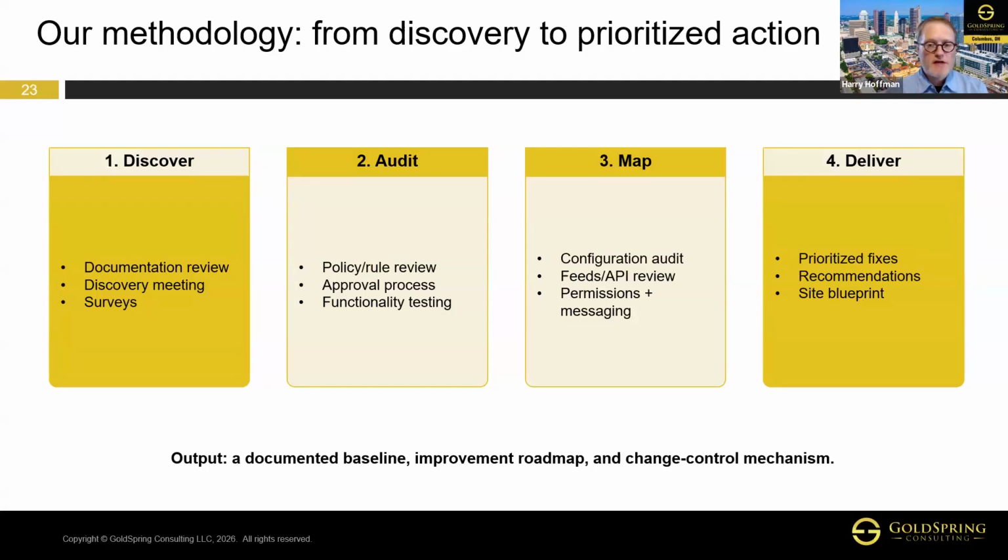So oftentimes you'll try to fit a square peg into a round hole. So by going back and reviewing the policy, we can really understand more about the intent and make sure that what is programmed matches that intent rather than blindly trying to find the best fit. We'll also do discovery meetings.